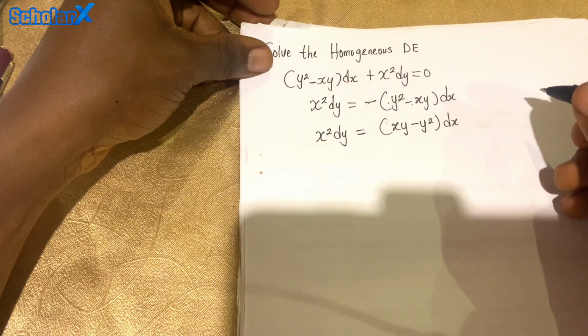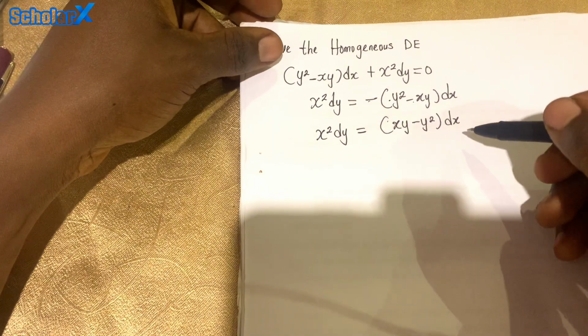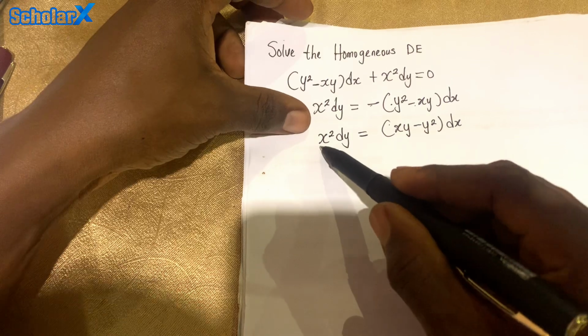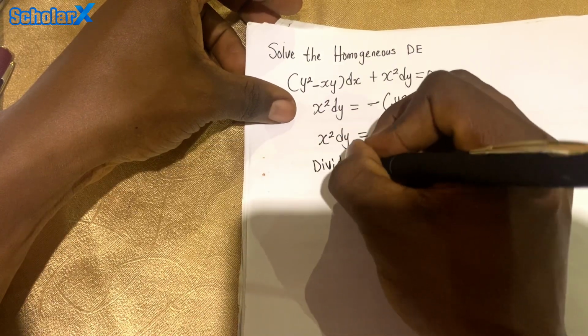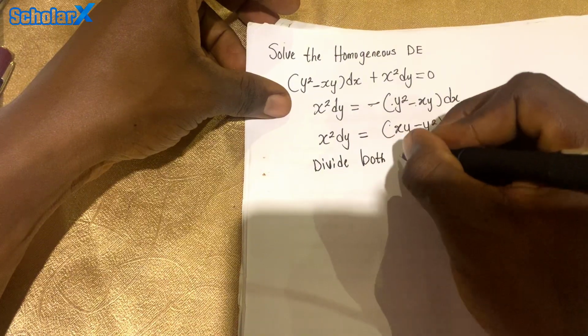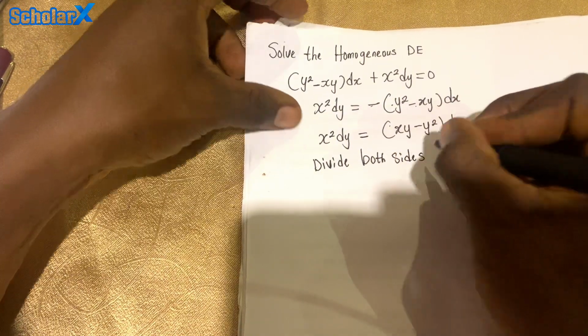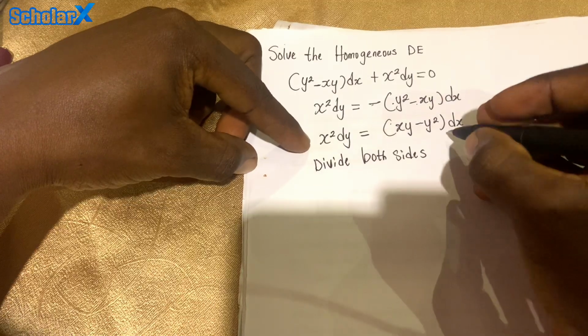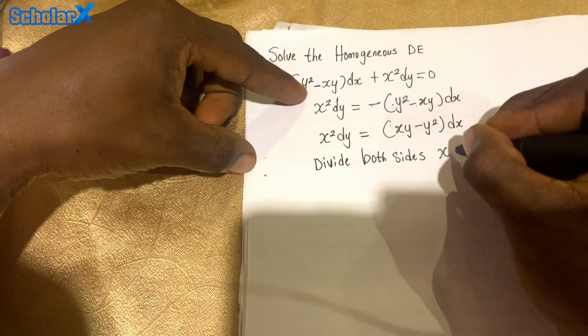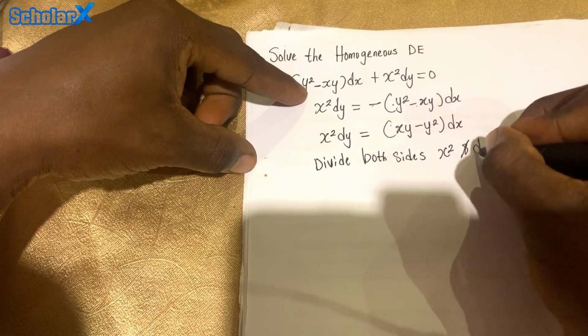Now, like I said, our goal is to make dy/dx stand alone. So what are we going to do? We're going to divide both sides. We don't want this x² to be by this dy, and we don't want this dx to be here. We want it to come down here. So we're going to divide both sides by x² and dx.